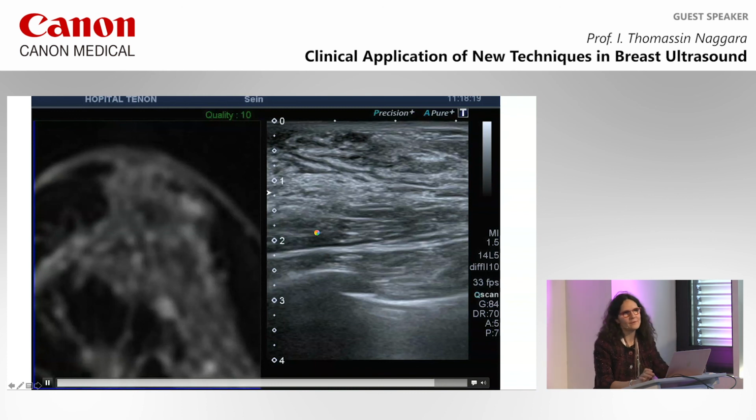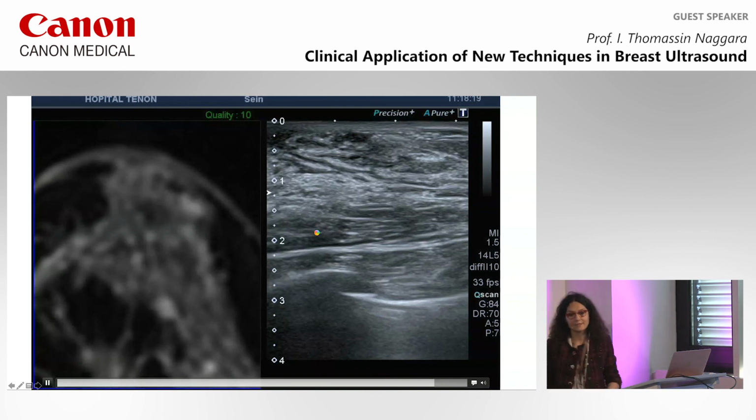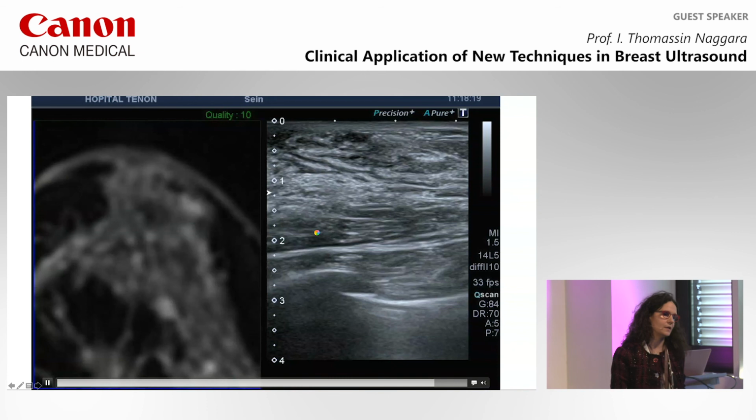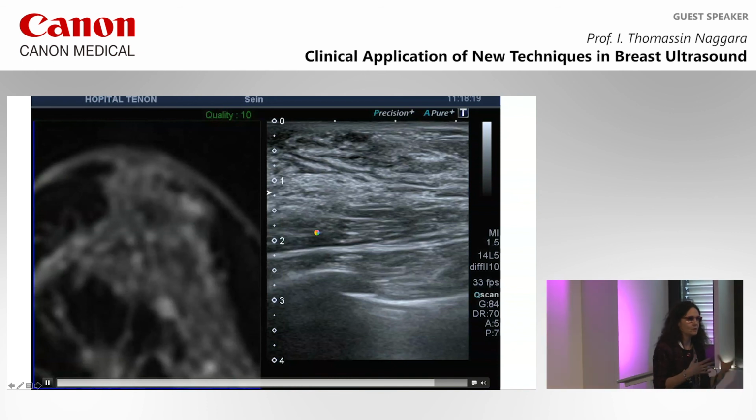The message I want to give is that this new technique needs to be used in combination with B mode. If the B mode is suspicious, you need to perform a biopsy.